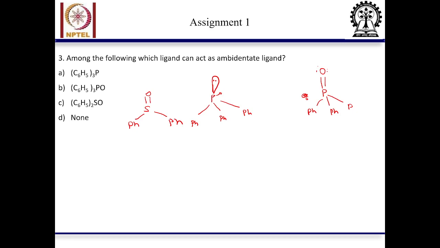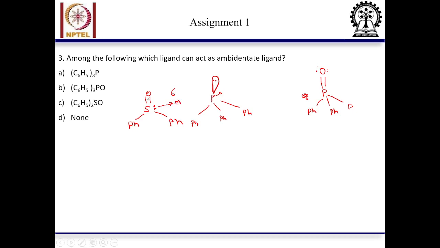So what is happening here? We have two coordination sites. It can bind through oxygen, or it can bind through the sulfur. But why not phosphorus? Because there we don't have any extra lone pair, but here we have one lone pair on the sulfur, because sulfur has 6 electrons. Four are involved in the bonding and one lone pair it has, through which it can coordinate to the metal.